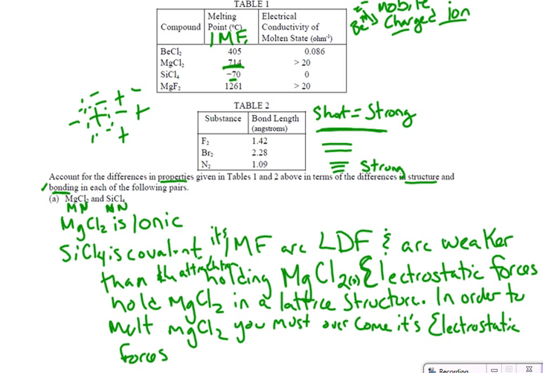So now, why does magnesium chloride conduct electricity in a molten state?